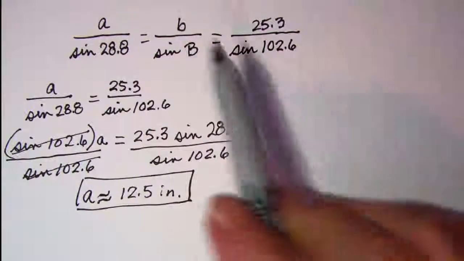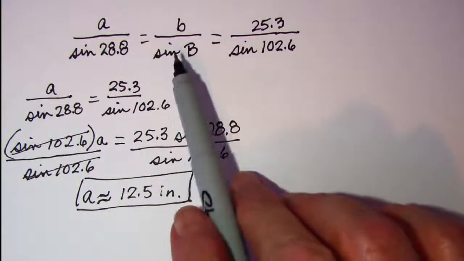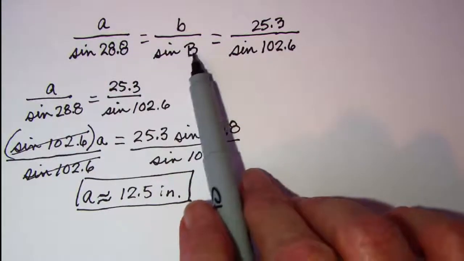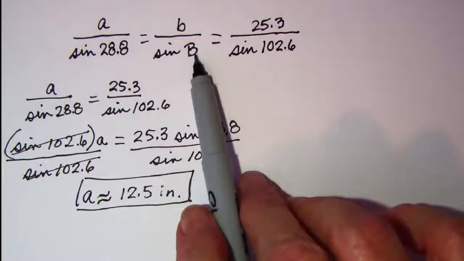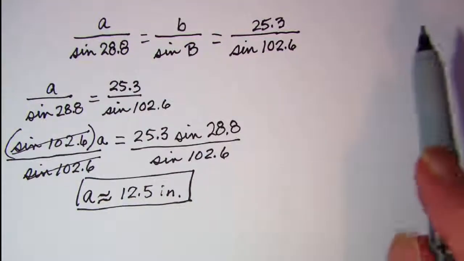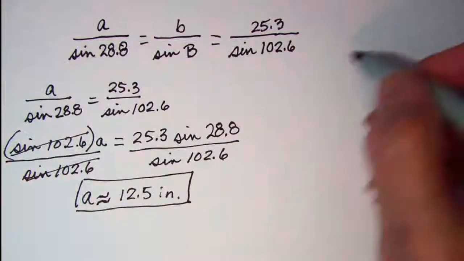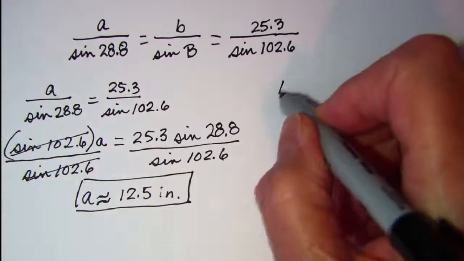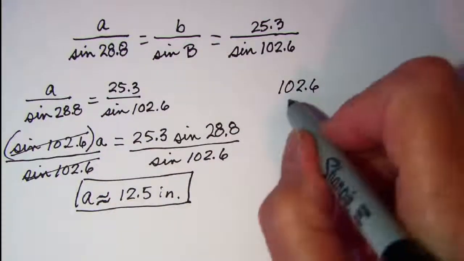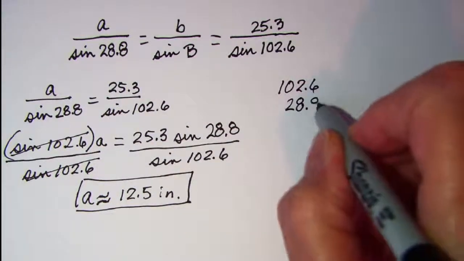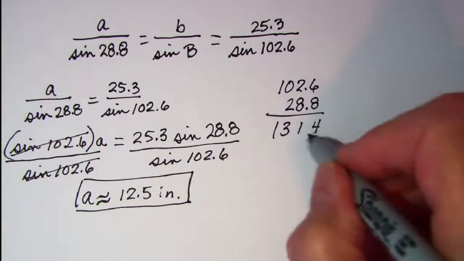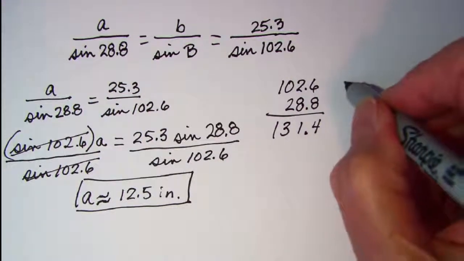Now you'll notice on the law of sines here that I wrote out that I had two variables in this middle ratio. My angle B I can find because I know that the three angles of a triangle add up to 180. So I can add 102.6 and 28.8, and then subtract that from 180.